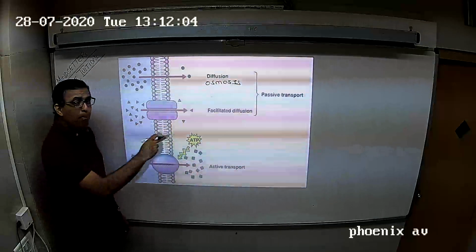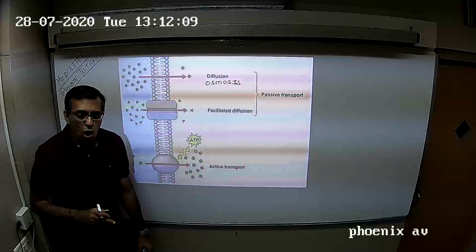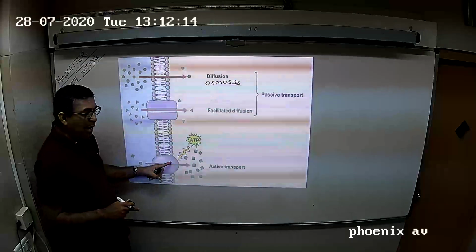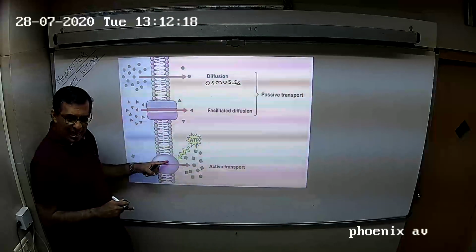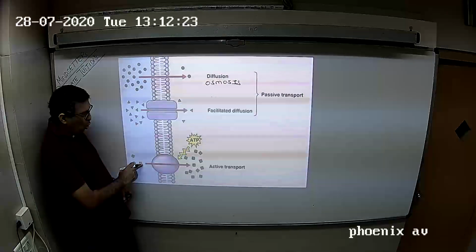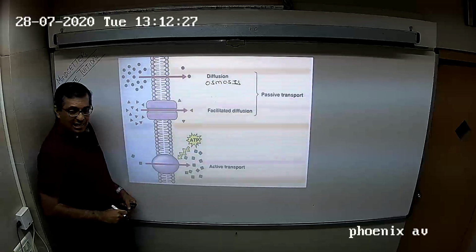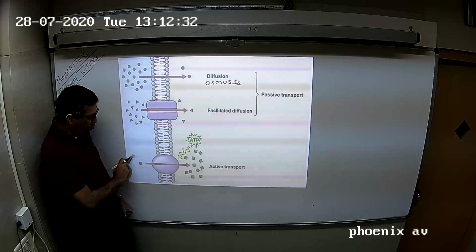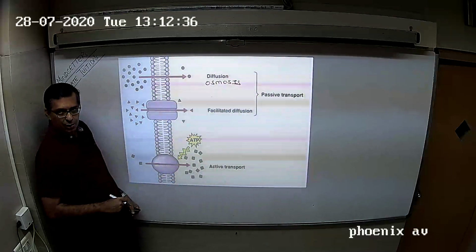ATP, adenosine triphosphate, your energy currency, is spent, and by spending ATP we will actively absorb glucose from the intestine into your blood vessels, from low concentration to high concentration.